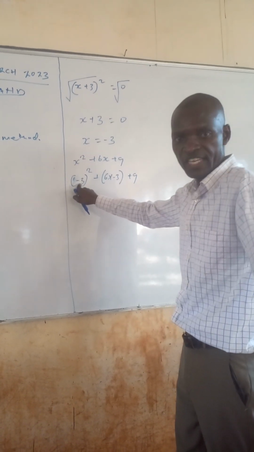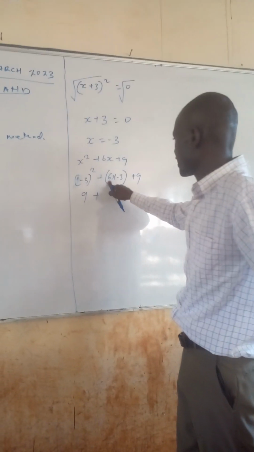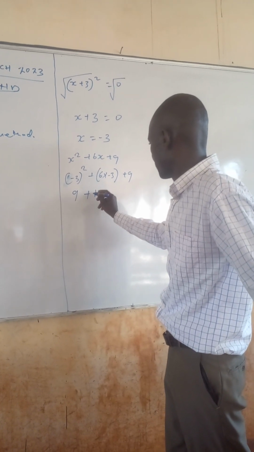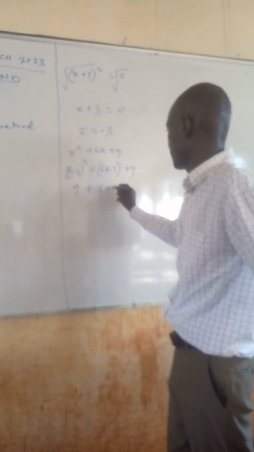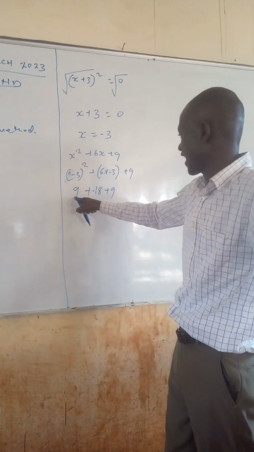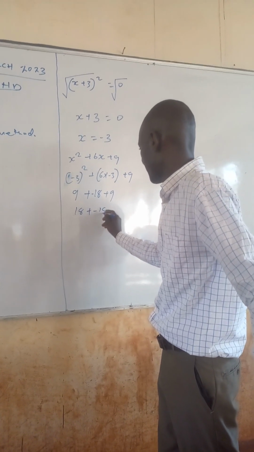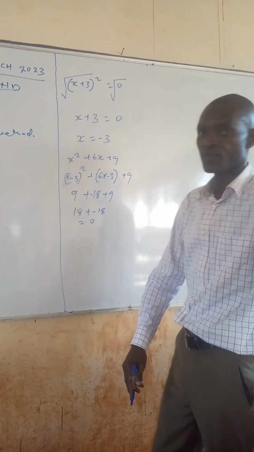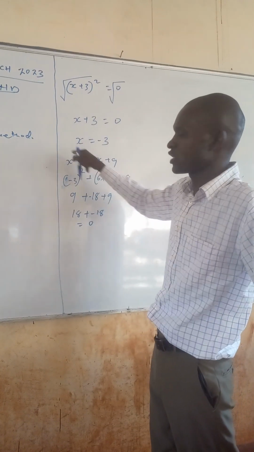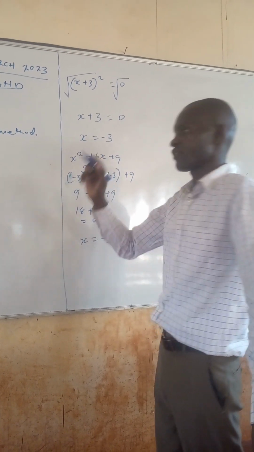Negative 3 squared gives us 9, 6 multiplied by negative 3 gives us negative 18, then plus 9. Following the rules of BODMAS, we add 9 and 9 to get 18, plus negative 18, so at the end of the day we end up with 0. This confirms that, because it was a quadratic function with a repeated root, the value of x was simply equal to negative 3.